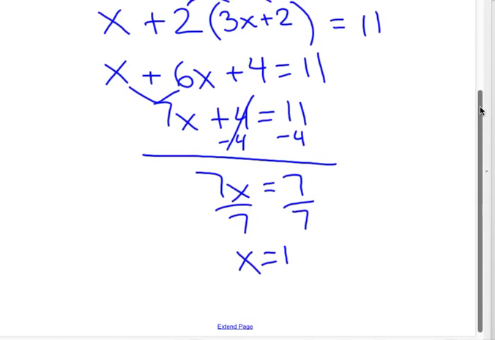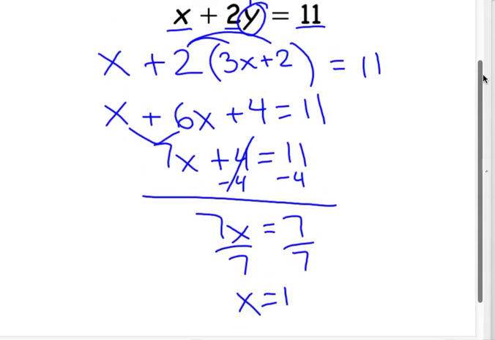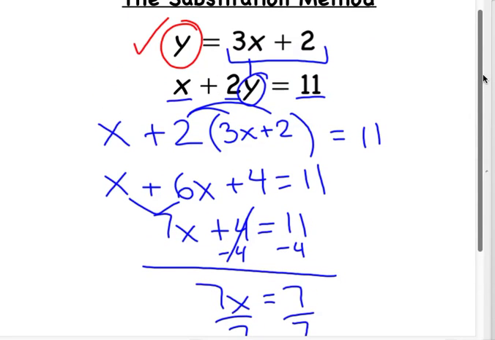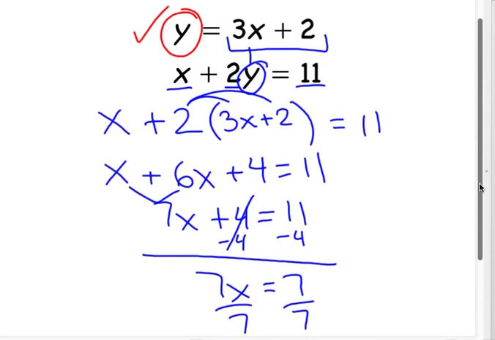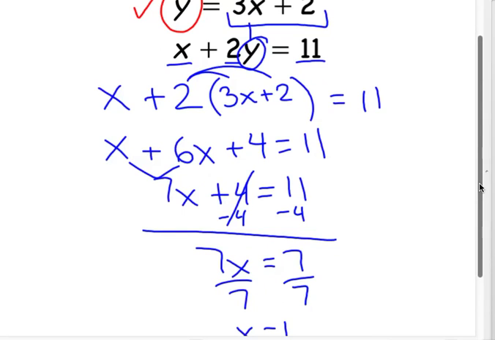Now I have x equals 1, but you remember from last class, that was only half of my answer. I have x equals 1 comma something for y. Now in substitution, you could use either equation, like in elimination, to plug back in, but there's one that's clearly the easier one, and that's this one, the one that's already solved for y.